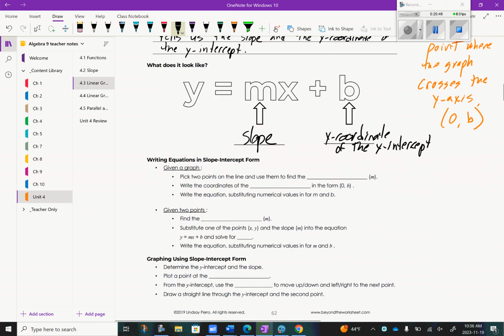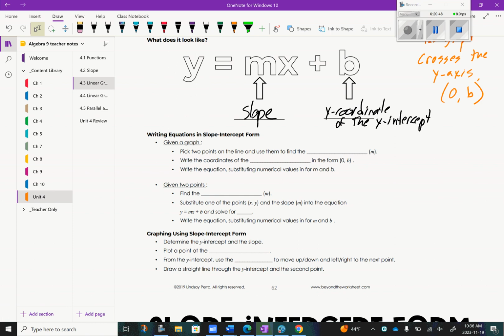There are several things you should be able to do here. First of all, if you're given a graph, we should be able to write the equation of that line in slope-intercept form. The first thing we need to do is pick 2 points and find the slope using our slope formula.